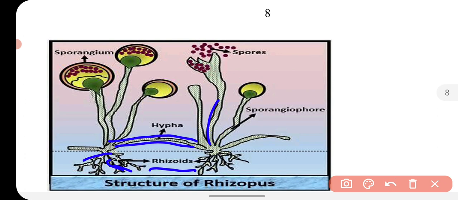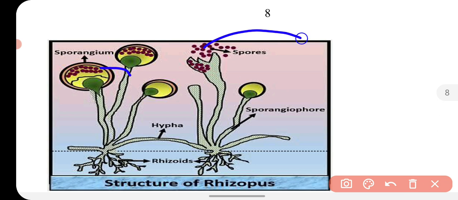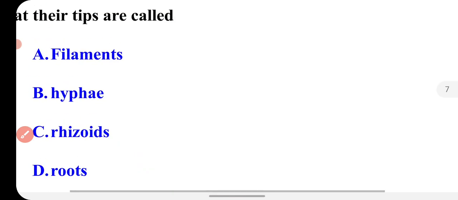On the tip of the hypha you can see the sporangium, in which the spores are enclosed. When the sporangium bursts, the spores move out into the environment, and when the spores get favorable conditions, they develop into a new fungus. So this is hypha, and here the correct option is hypha.